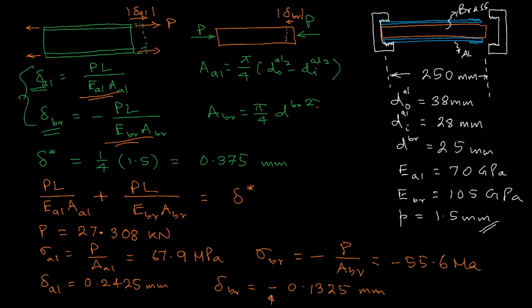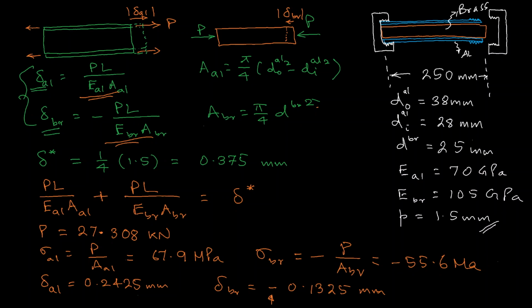Here I want to make one more point. Suppose you were given that along with this there is a temperature difference, because of which there is an extension or compression due to the thermal expansion coefficients of different materials.